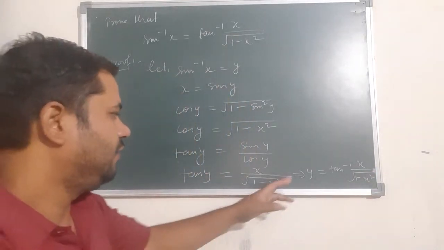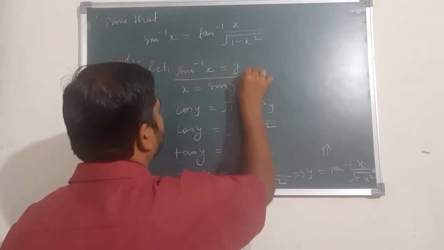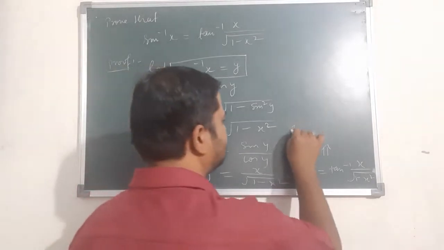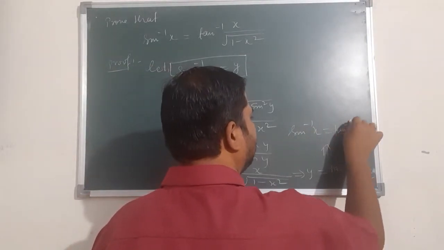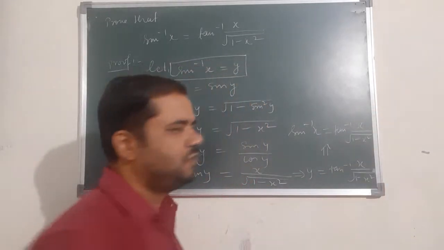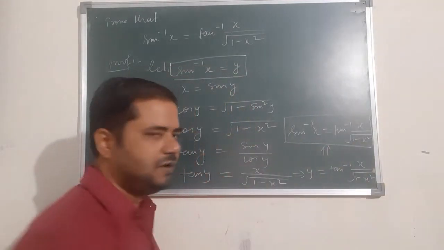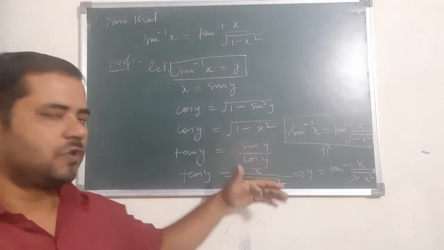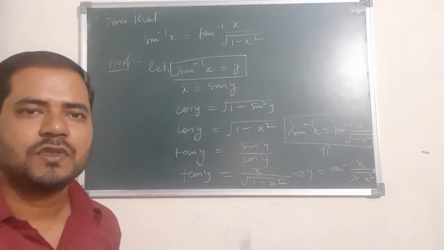And what is the value of y? Y is nothing but, we had already taken, sine inverse x. So sine inverse x is equal to tan inverse of x upon root of 1 minus x square. Okay, so please note it down, and afterwards from the book we will discuss the properties one by one.